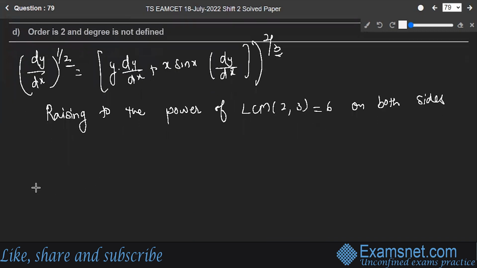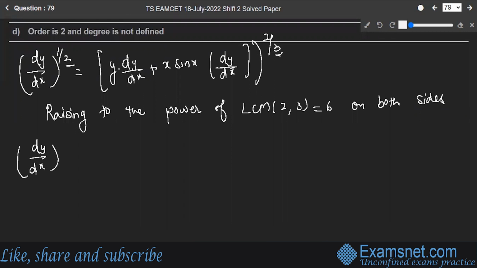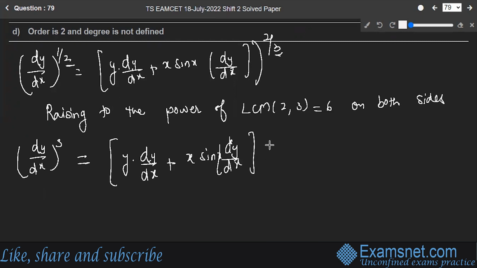Okay, so this is going to give me (d²y/dx²) raised to the power 3 is equal to (y dy/dx + x sin dy/dx) raised to power 2 by 3 into 6, it's going to give me 4.